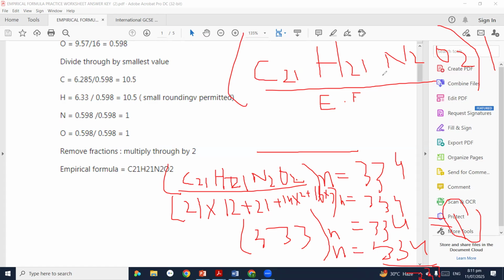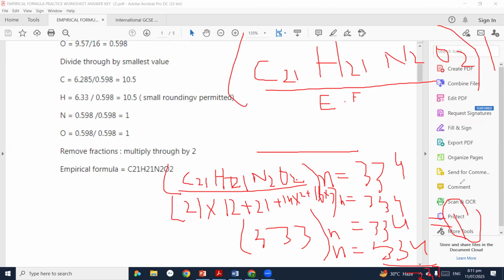Because for your value of n, the simple rule is that first of all you have to calculate n, and when you multiply your empirical formula by n, you will get the molecular formula. For the calculation of the value of n, you have to write down this equation from where you will calculate n, and once you get n, you multiply your empirical formula.